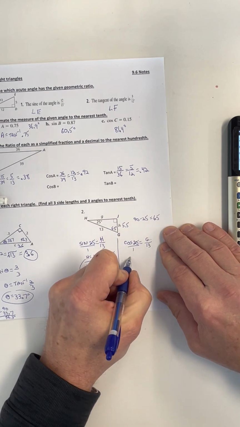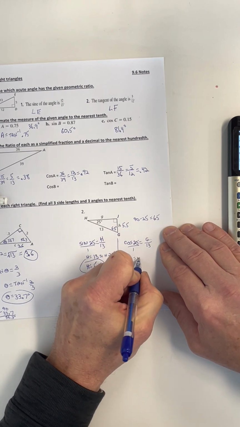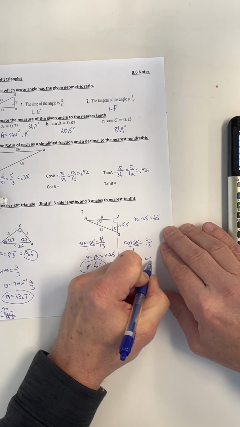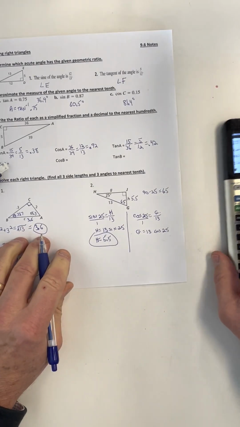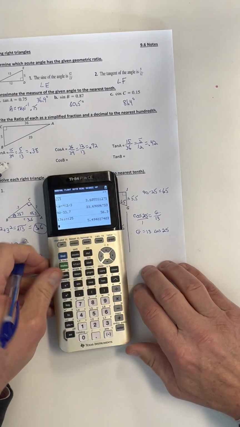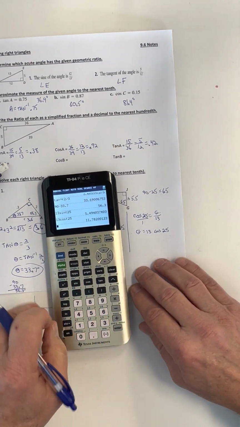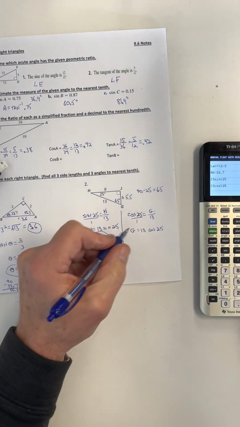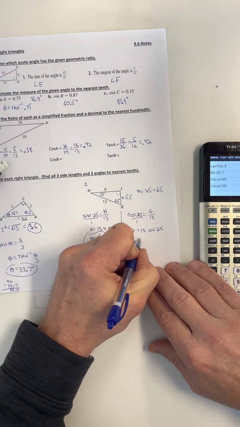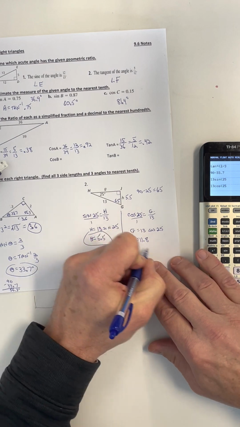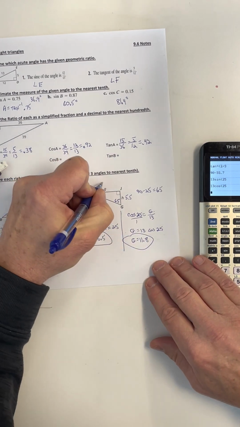Do the cross products, and G will be equal to 13 times the cosine of 25. So let's plug it in. 13 cosine of 25, 11.8. That's the length of this side.